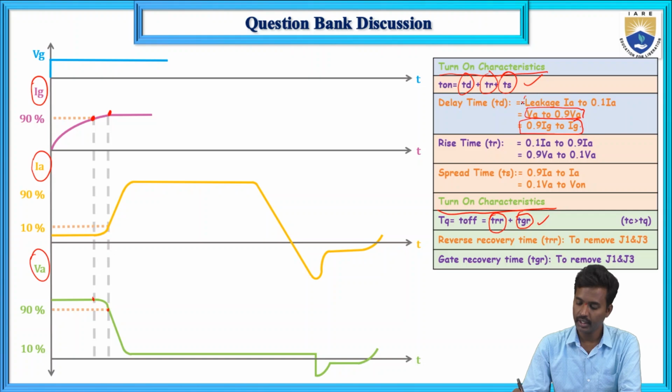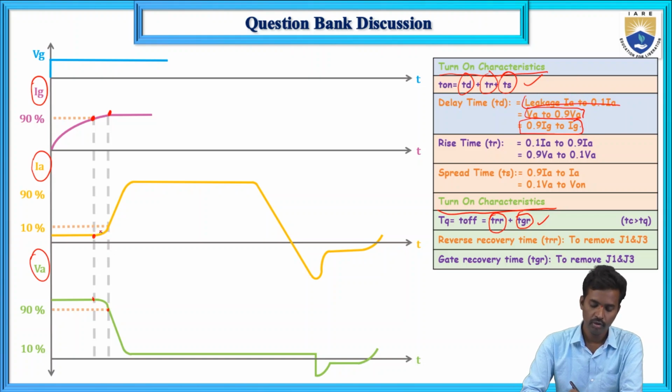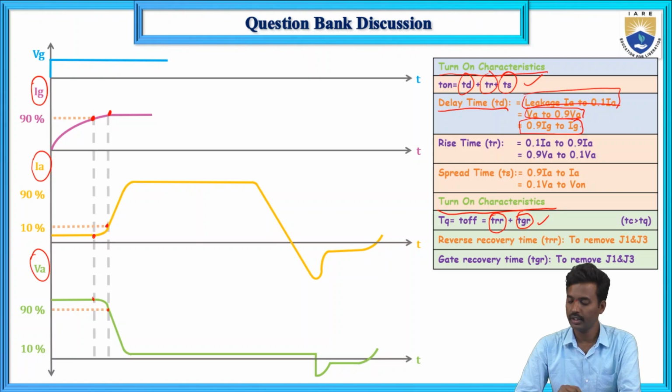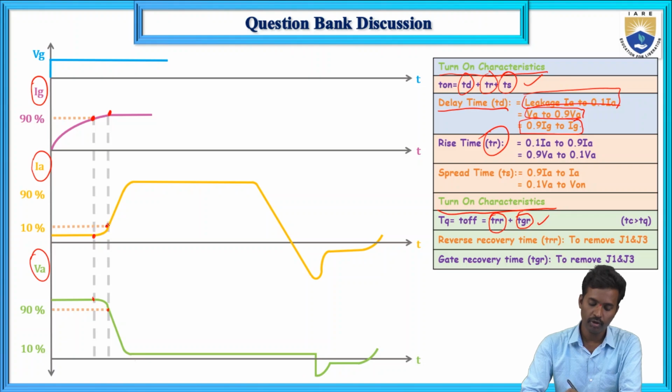From the leakage current to 10% of anode current, that is also the delay time. Next, rise time: from these two, anode current and anode voltage, it is from 10 percentage to 90 percentage.